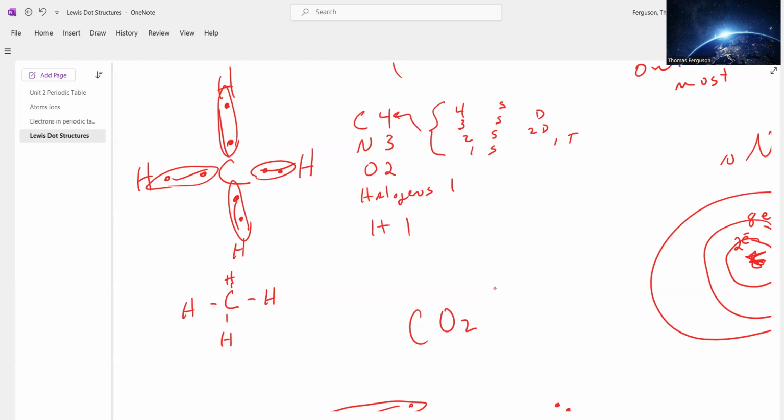Just like when you counted the valence electrons here, only we're doing it per atom though. Sometimes they're double and triple bonds, so keep that in mind. And also don't do SO3.